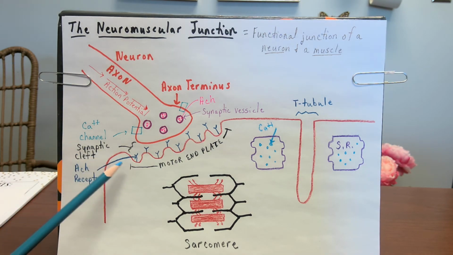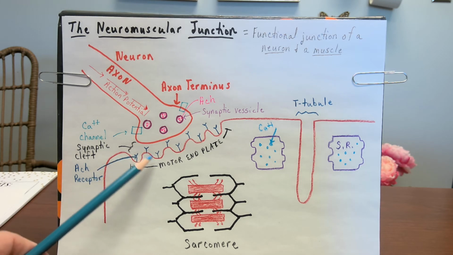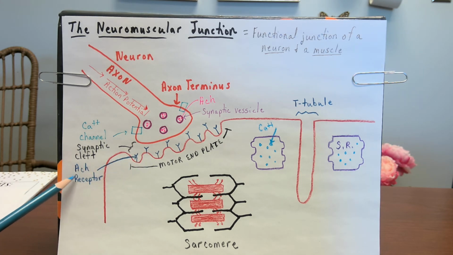What these little guys are at the motor end plate are acetylcholine or ACH receptors. So they're going to receive the acetylcholine, or in other words, the acetylcholine is going to bind to those receptors once ACH is present in the synaptic cleft. So we'll get to that in a minute.